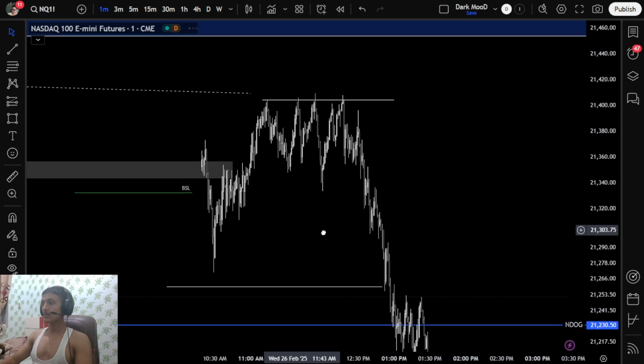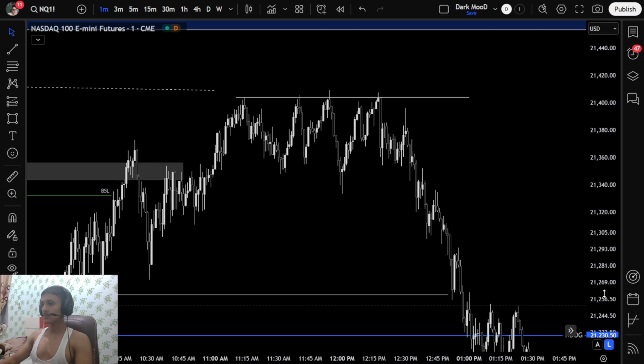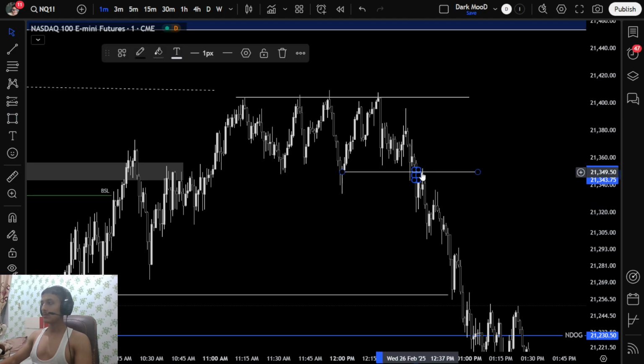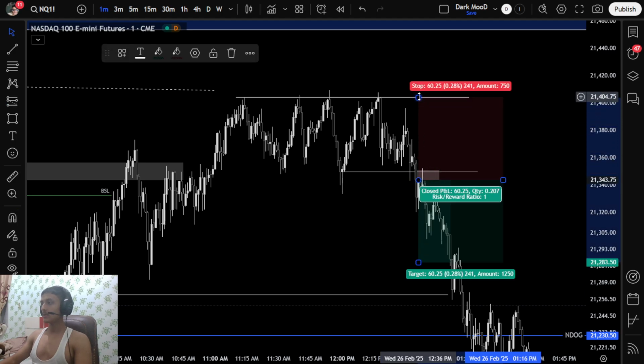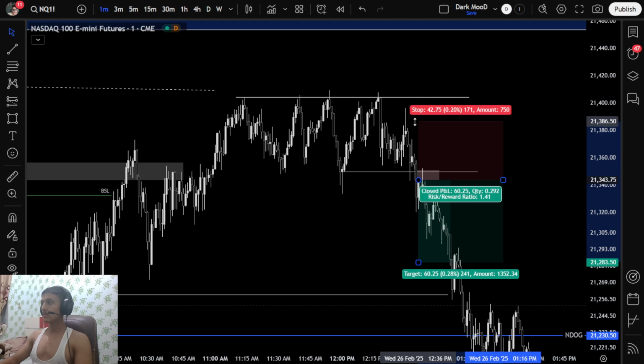Nothing very clean. It's choppy, so I probably would wait for this right here. And put it right there. I probably would enter here. A stop, I don't know.